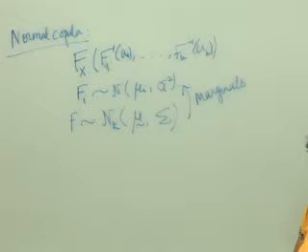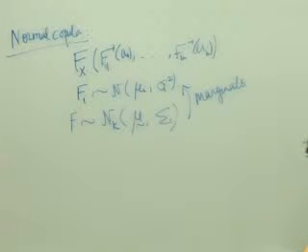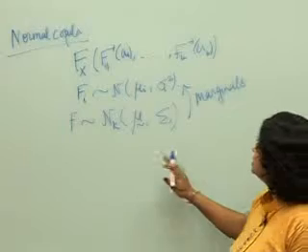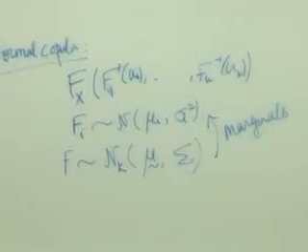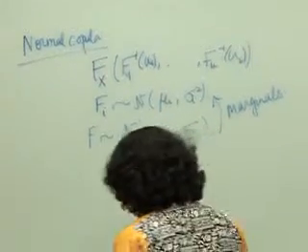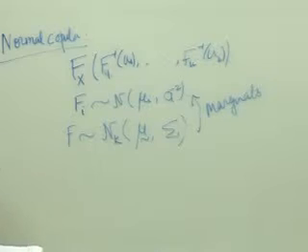And how the normal copula looks, there are all the derivations and details. You plug in the distribution of F and so on and do that. So I am not copying those things, but I will write down the form of the density.